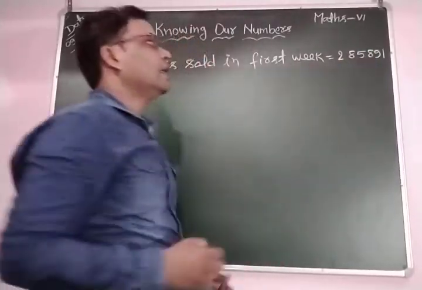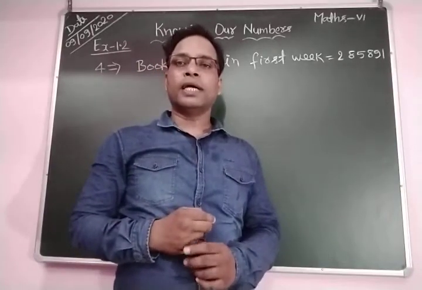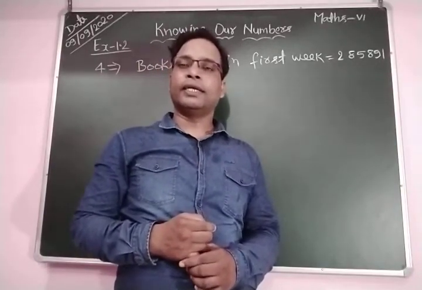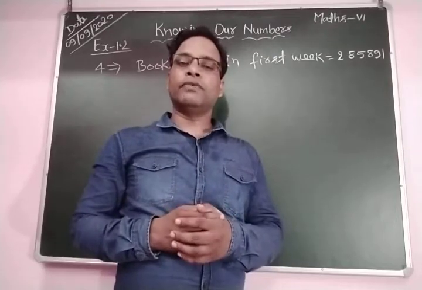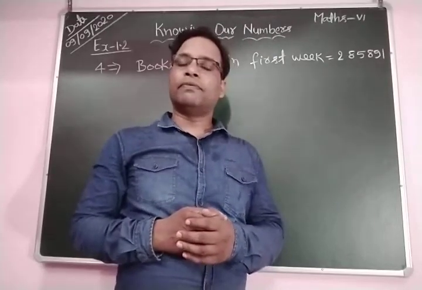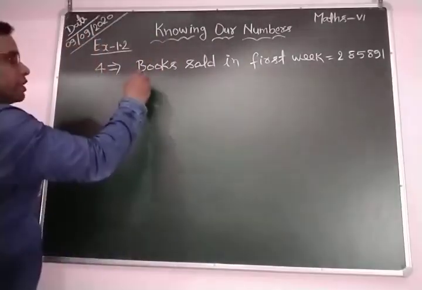This is given for the first week, the number of books sold 2,85,891. And books sold in the second week is also given, 4,07,068.